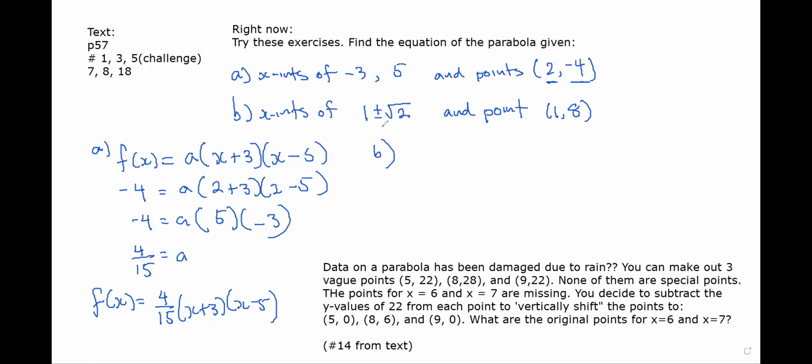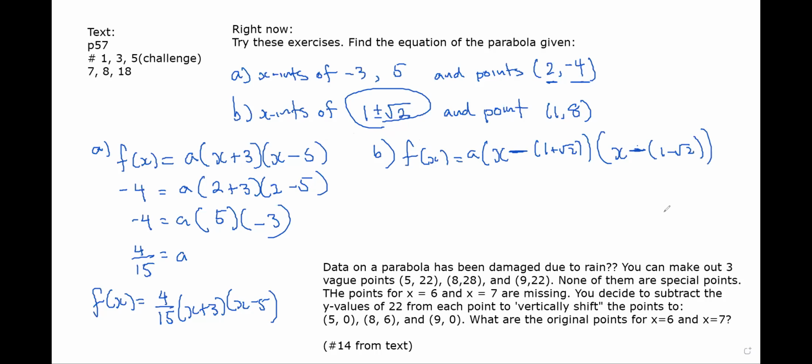All right, part B. So I tried to throw a curveball at you, but it's nothing different. Again, you're using x-intercepts. Let's follow the process. You have f of x equals x minus one of the roots, so about like 1 plus root 2, times x minus 1 minus root 2. Right?